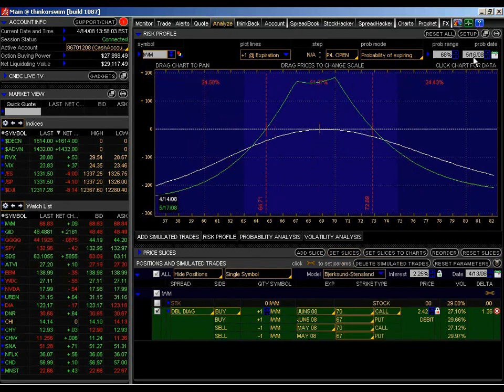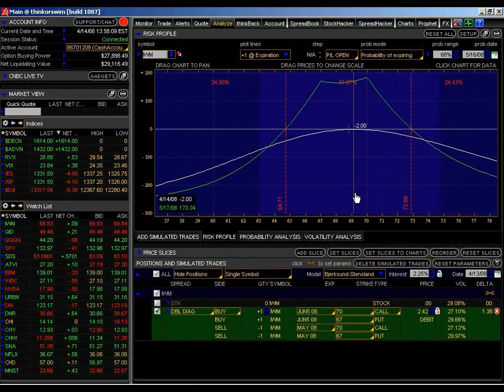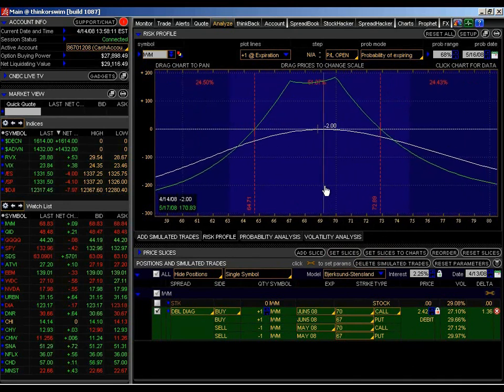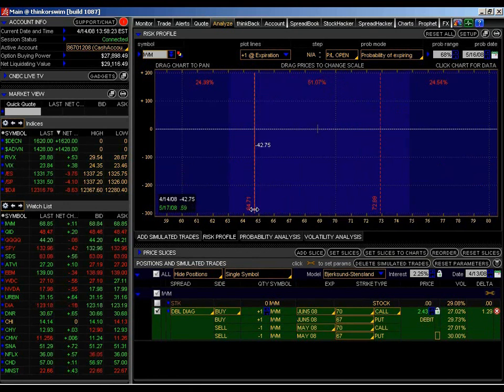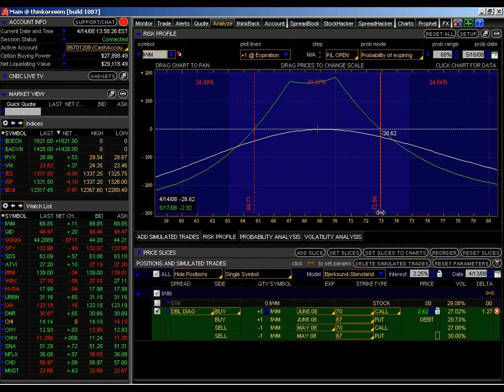We want to make sure that we are on the May expiration, because that's our short position, is May. We want to take this red lock off it so we get current prices. Our break even is around 64.71 on the downside, 73 on the upside.